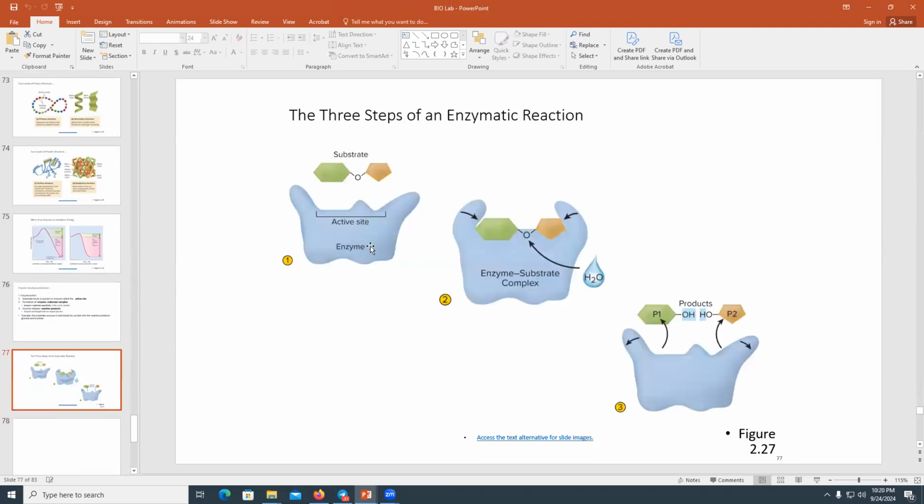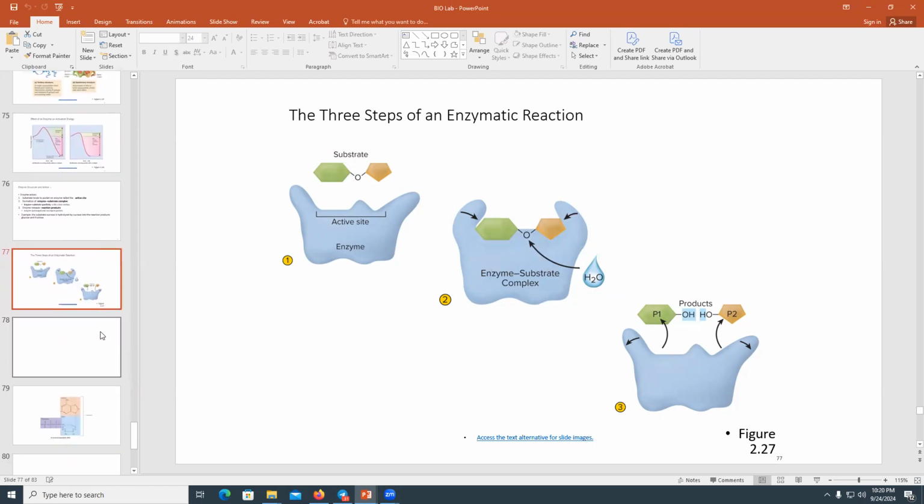So this is the enzyme active site, and the substrate, or the reactant, binds to the active site, and the active site causes some structural rearrangements to the chemical bonds that are in the reactants, and then causes some temporary changes to give us our products.